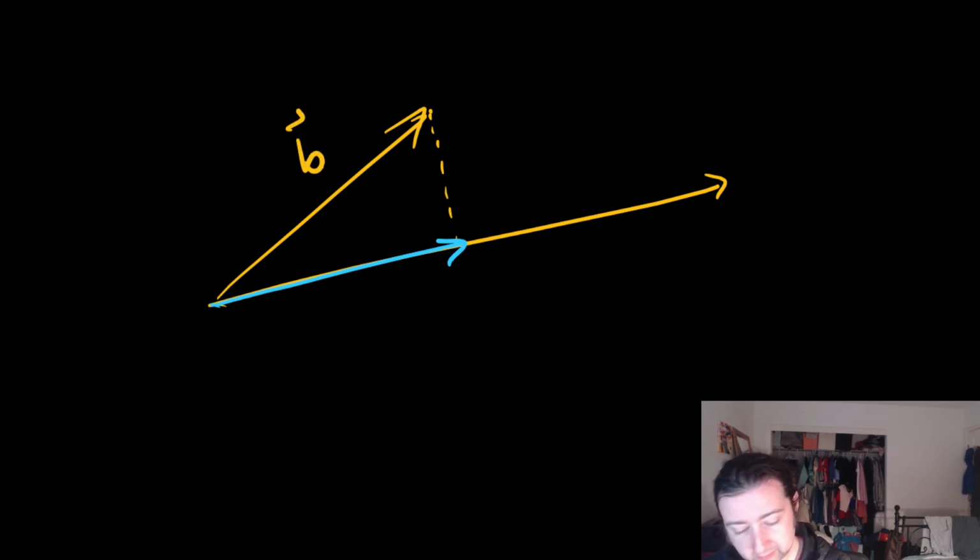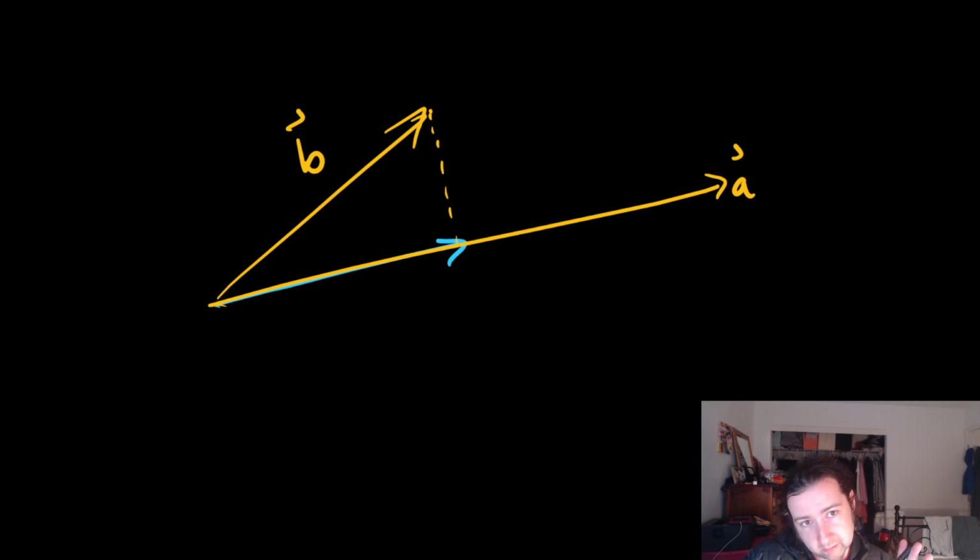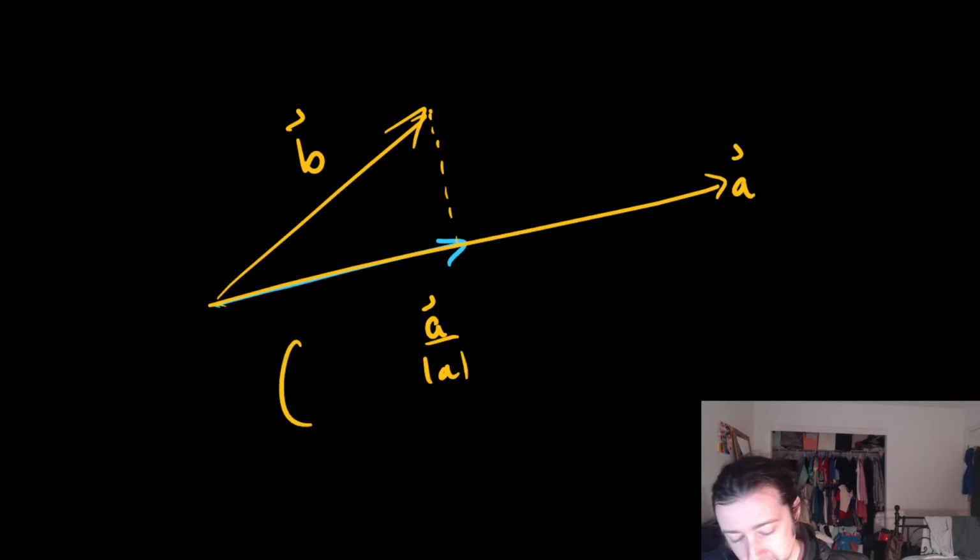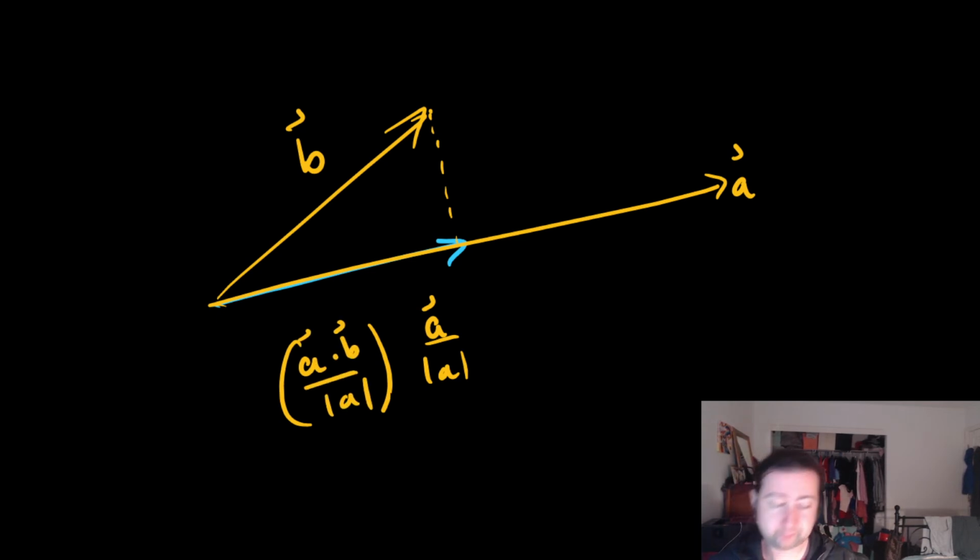If this is B and this is A, and I want to know how much of B points in the direction of A, the way I compute that is I take the unit vector in the direction of A, and I multiply it by all of the length of the shadow, which is the dot of A and B over the length of A.